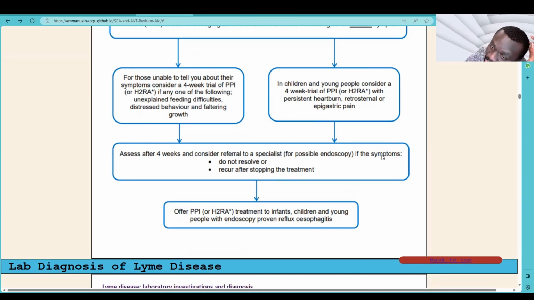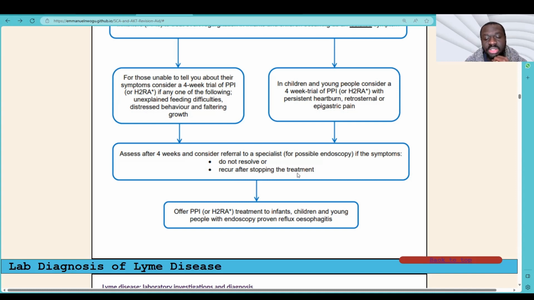Imagine doing endoscopy in an infant. It's going to be a traumatic procedure. If symptoms do not resolve after 4 weeks of trying your PPI or H2 receptor antagonist, you want to refer to a pediatrician, a pediatric gastroenterologist, because they would be the one doing the endoscopy.